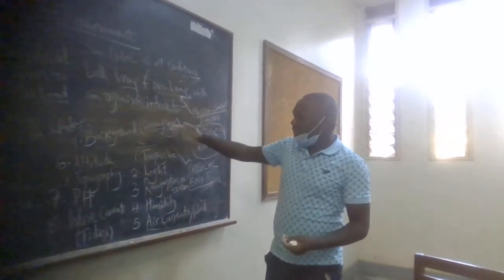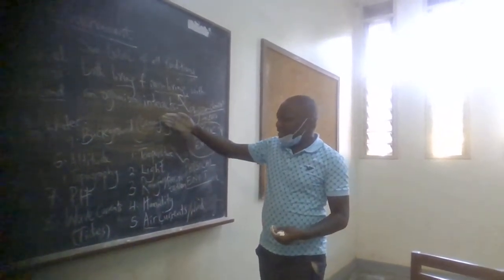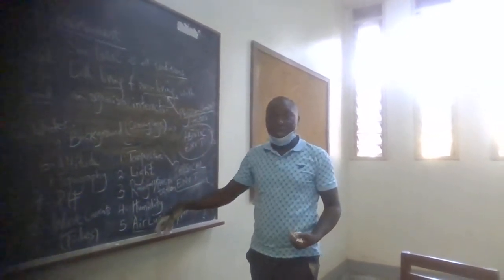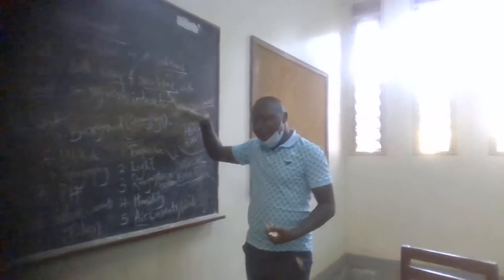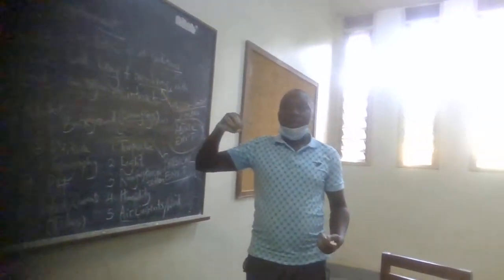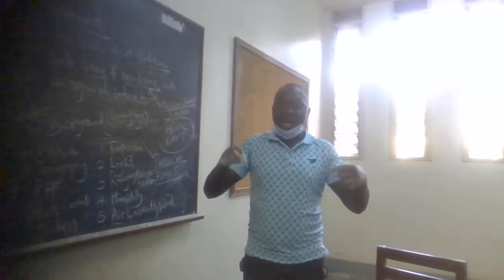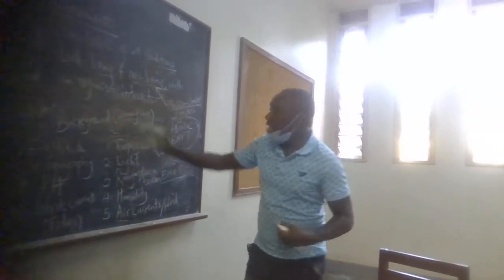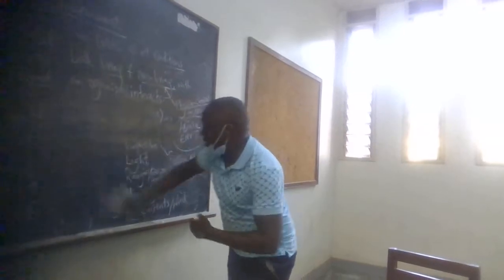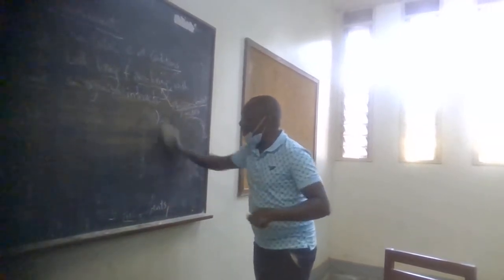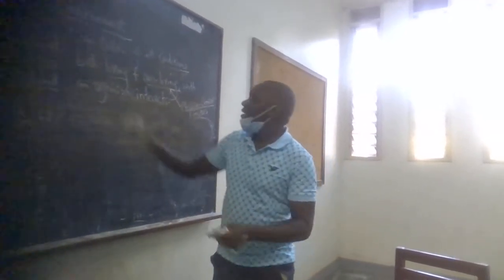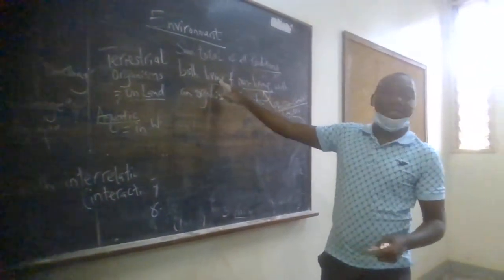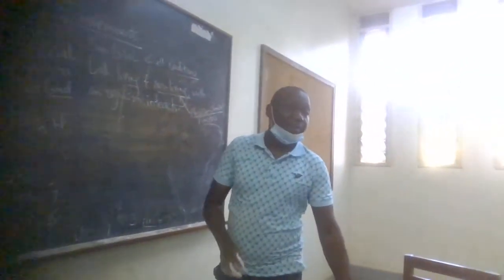So the non-living factors, the factors of the physical environment or the abiotic factors, will determine the abundance and distribution of organisms. I am going also to talk about the other part, the living environment.